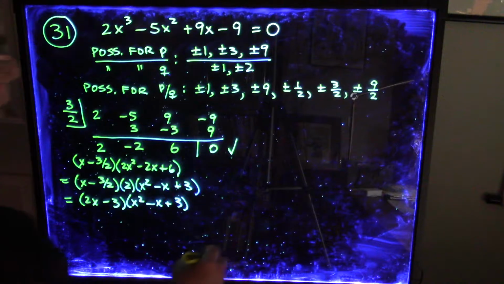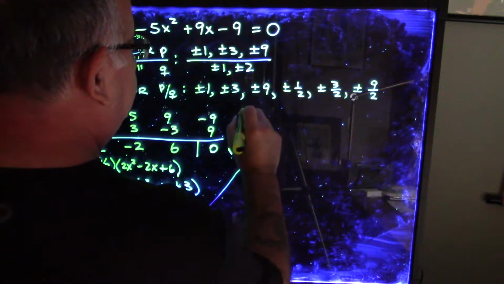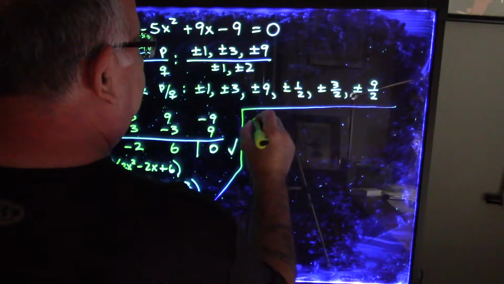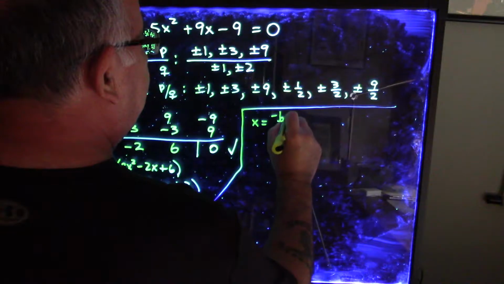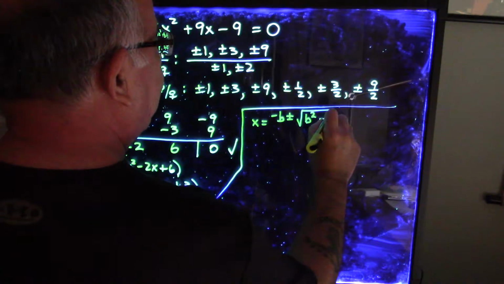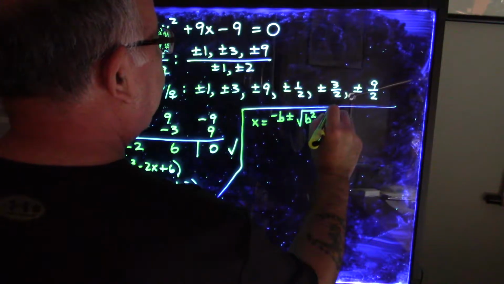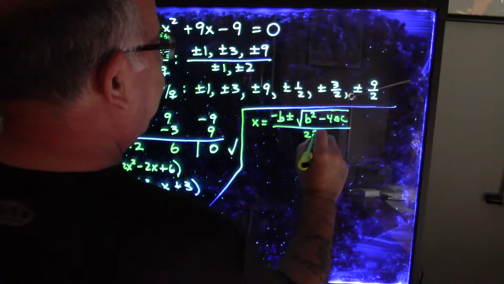What's the discriminant? If you have the quadratic formula, x equals -b plus or minus the square root of b squared minus 4ac all over 2a, there's your quadratic formula.